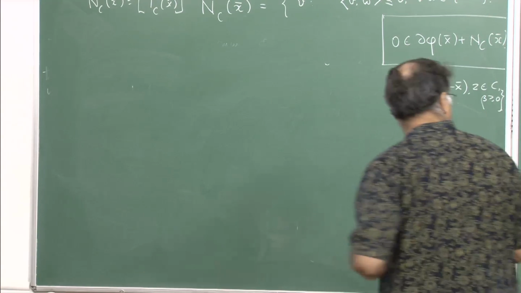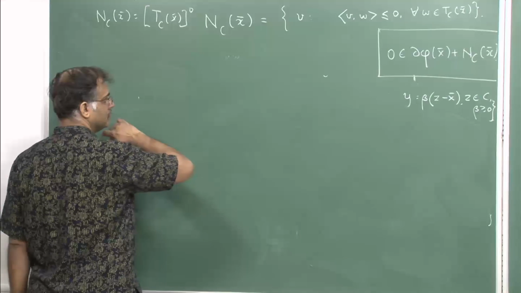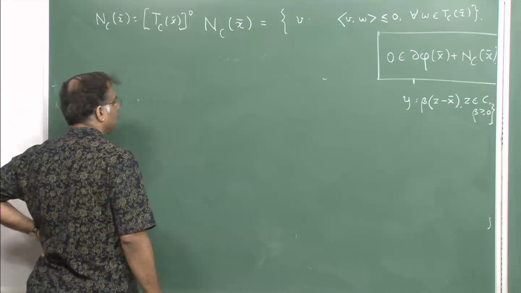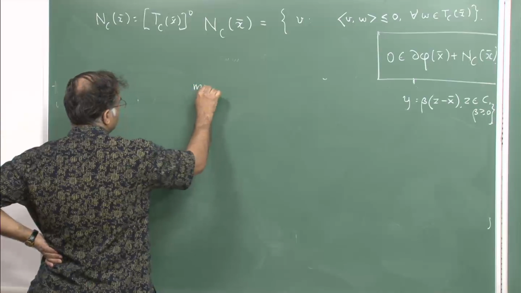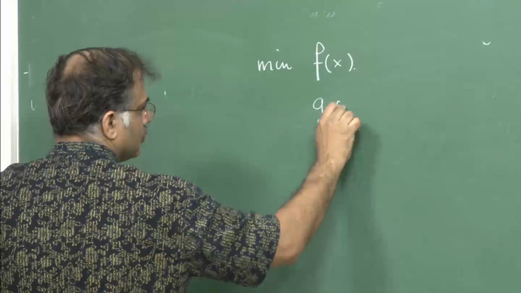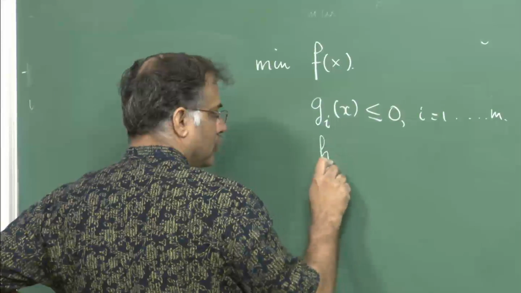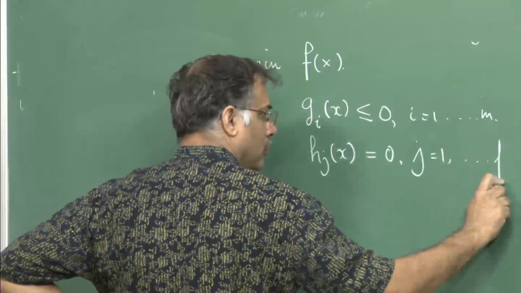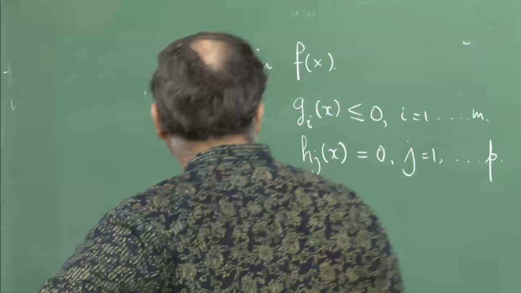What is very important here is to note the following: let me consider this problem. Now, for this problem, how do I construct the penalty function P(x)?